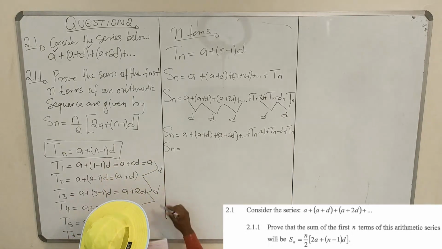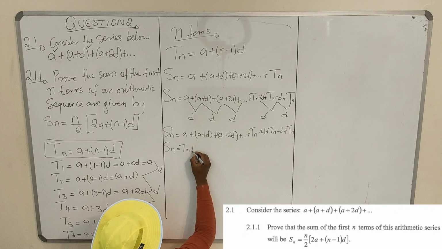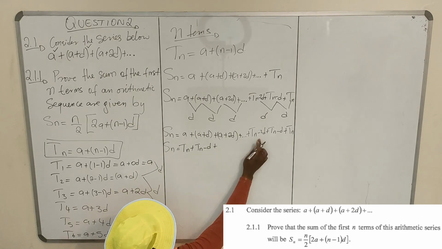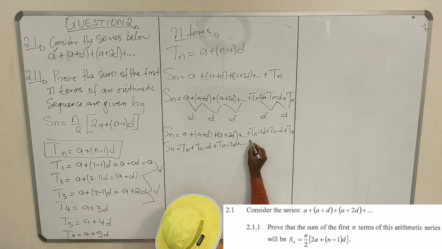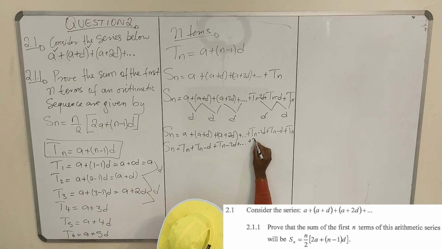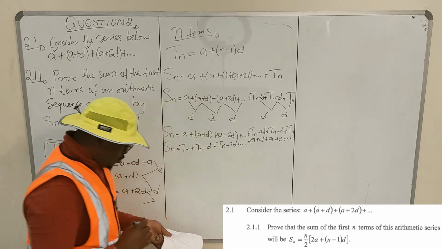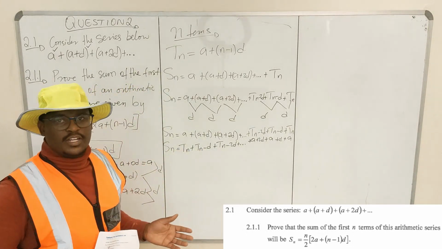So now we can say this same sum should be the same even if you write Tn first, and put after that Tn minus D, plus Tn minus 2D, plus dot dot, plus A plus 2D, plus A plus D, plus A. What I'm saying is the order in which you add the terms of the series is not important.